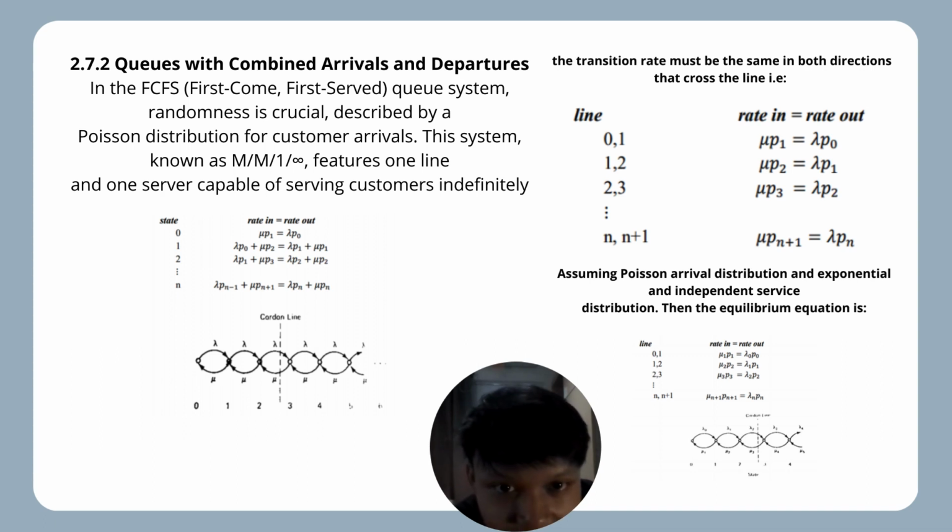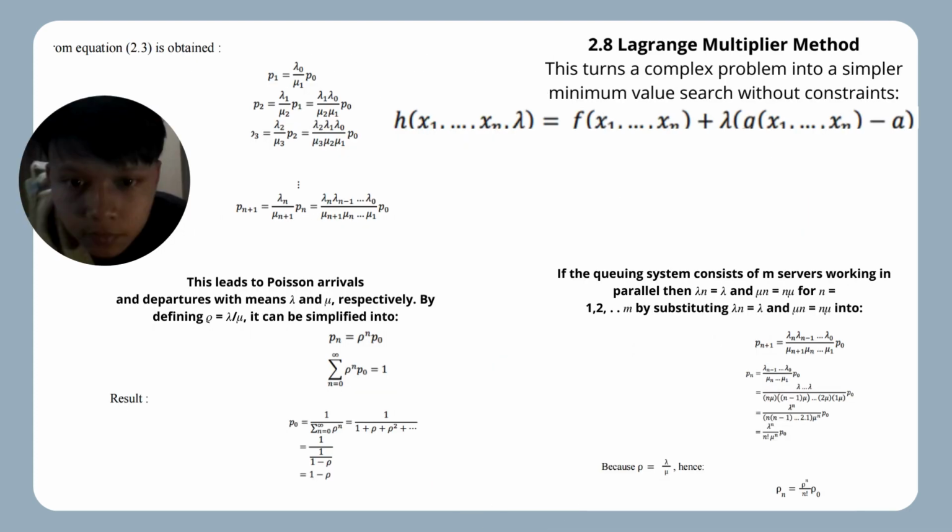The transition rate must be the same in both directions that cross the line, and this is the formula. Assuming Poisson arrival distribution and exponential and independent service distribution, then the equilibrium equation is this formula. From equation 2.3 this is obtained.